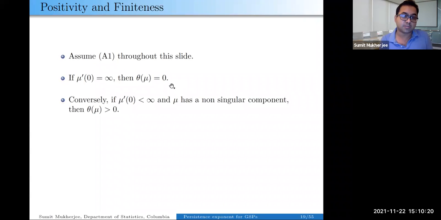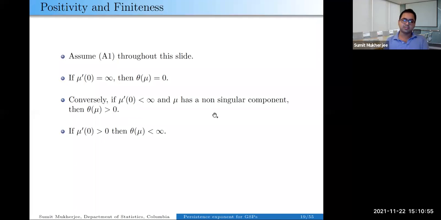If mu prime 0 is finite and mu has a non-singular component somewhere, it doesn't need to be at any specific place or near 0 or anywhere, then this exponent is positive. So if you assume that mu has some absolutely continuous component, let's say mu has a density, then mu prime 0 finite or infinite determines whether your exponent is positive or 0, and this is an if and only if characterization.